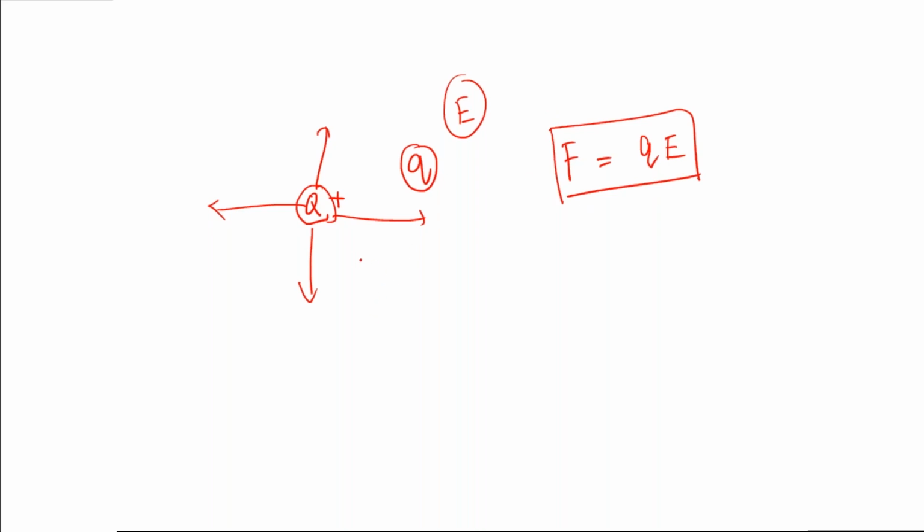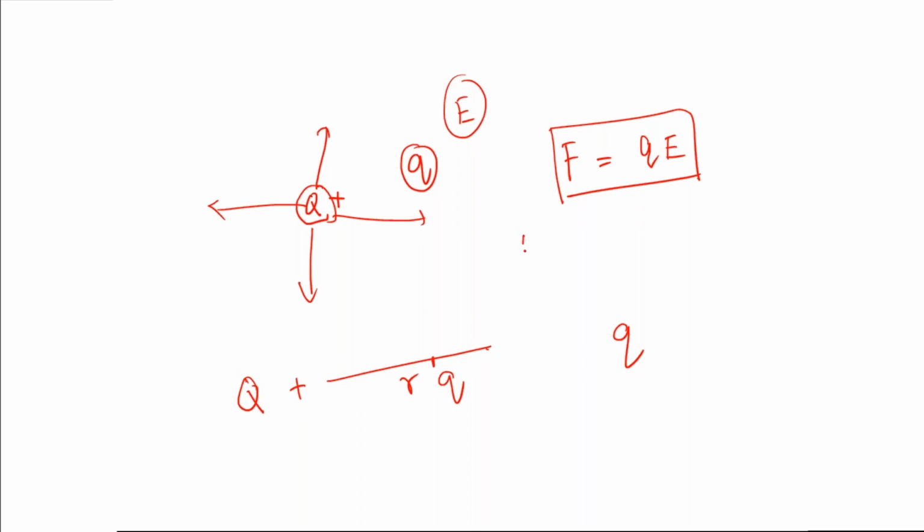Now look, if we have a certain electric field created by some charge distribution, and I bring a test charge inside the field of a source charge Q, at some smaller distance, somewhere over here, there is a repulsive force between these two, because the electric field is exerting a force on the charge.